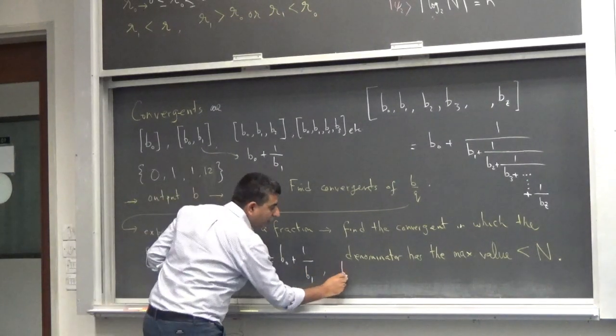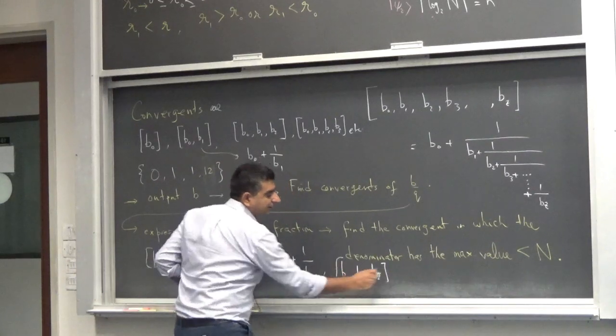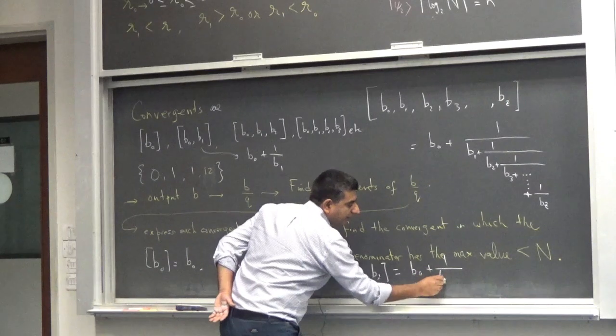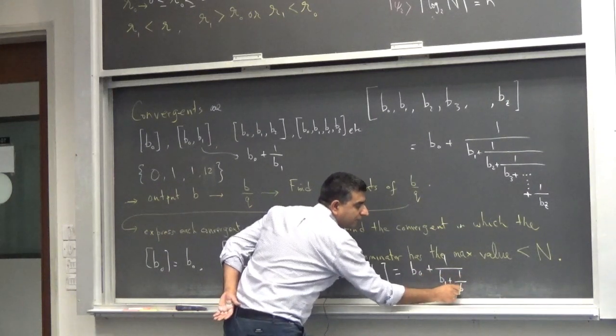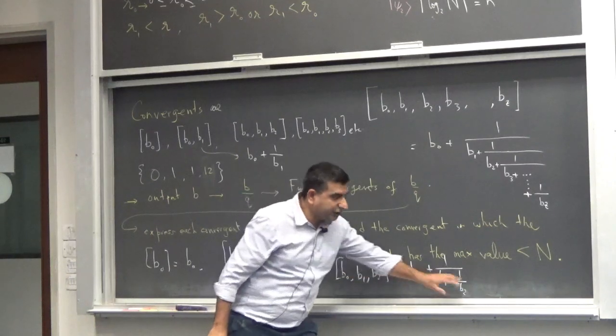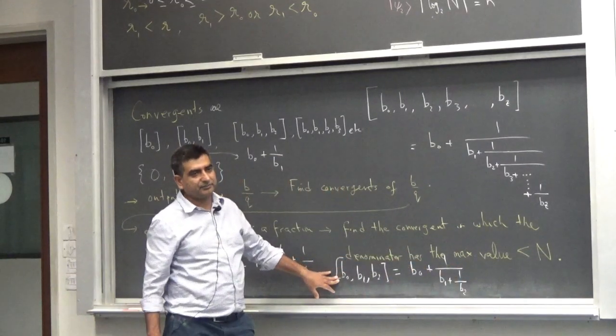Then B naught B1 B2 is the next convergent. This is B naught plus 1 over B1 plus 1 over B2. So this is the continued fraction expansion form of this convergent.